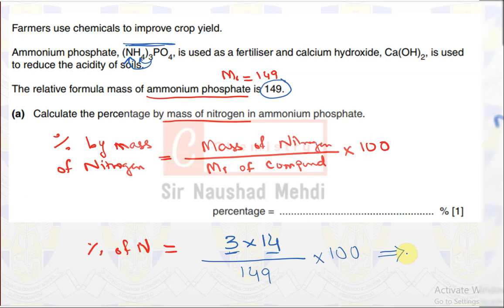So 42 divided by 149 and multiplied by 100 comes out to be 28.18. So the percentage of nitrogen is 28.18%. I hope this is clear to each and every one of you, how we have to solve these types of questions.